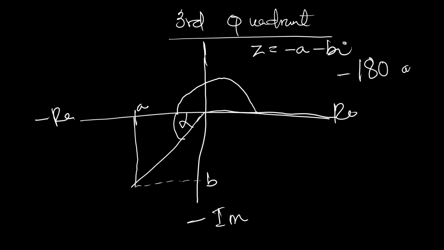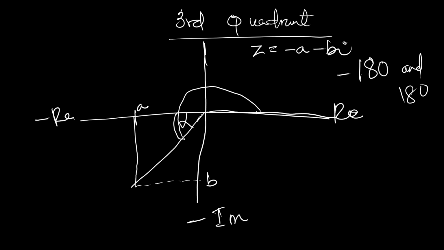But the condition is that it should be between negative 180 and 180. If the angle between the real axis and the modulus is taken in this direction, it's going to go beyond that, because we have 180 plus alpha, which is going to be more than 180. So what are we going to do?